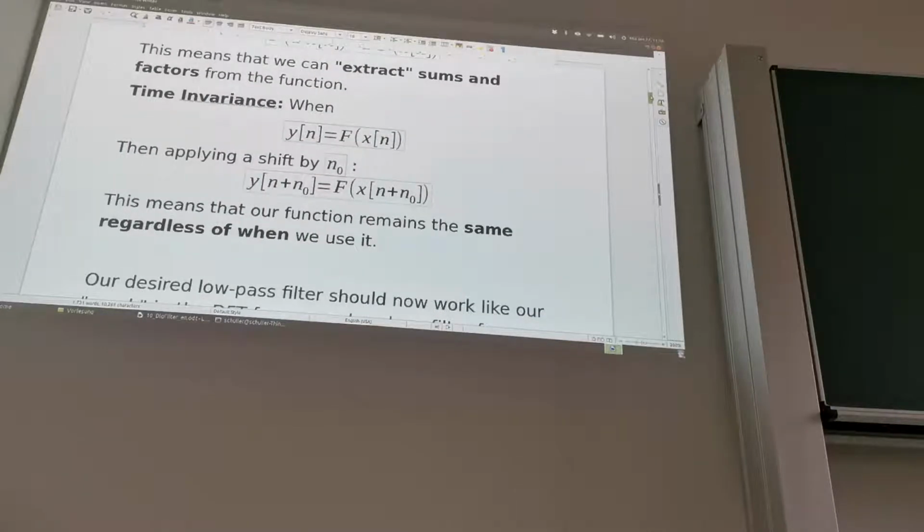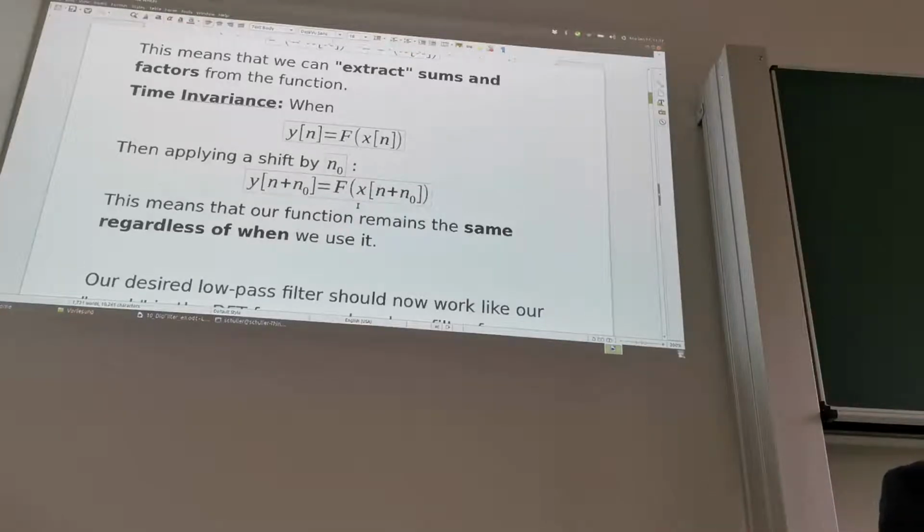Time invariance basically means it doesn't matter when you apply a function, it stays the same. So if you apply this function to some signal x, you get a low-pass output, for instance, or you take a shifted version of the same signal. Now you have the same signal, but just delayed by n naught samples.